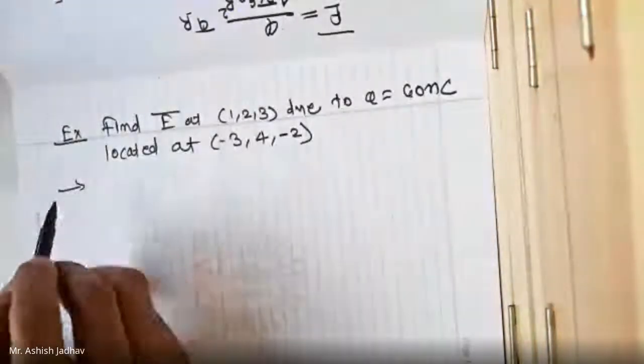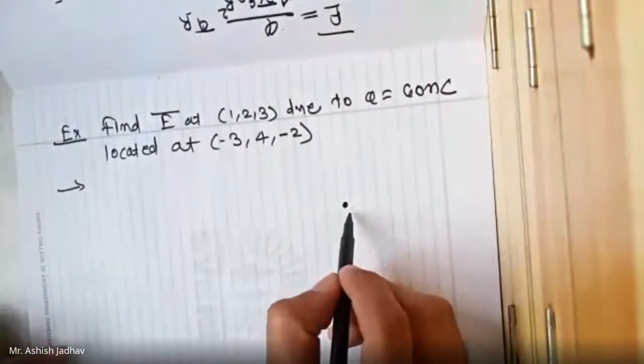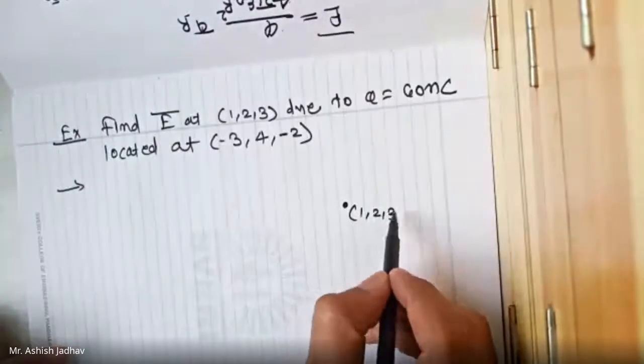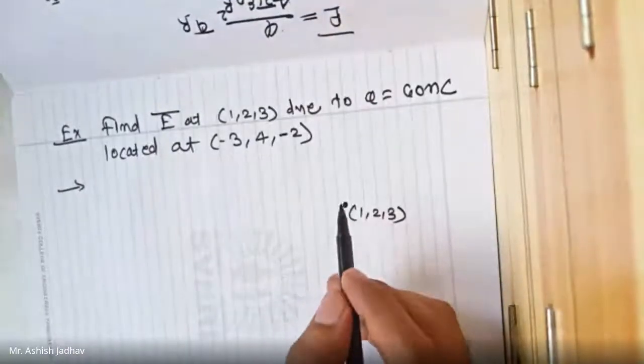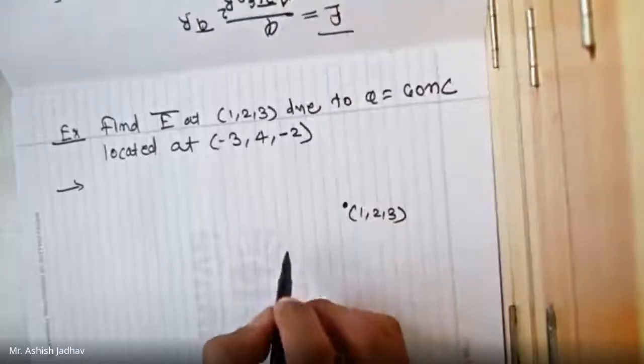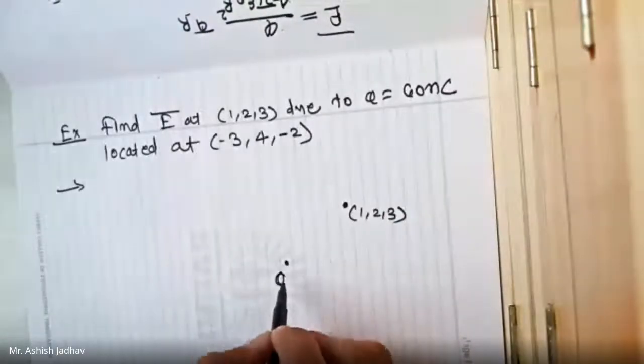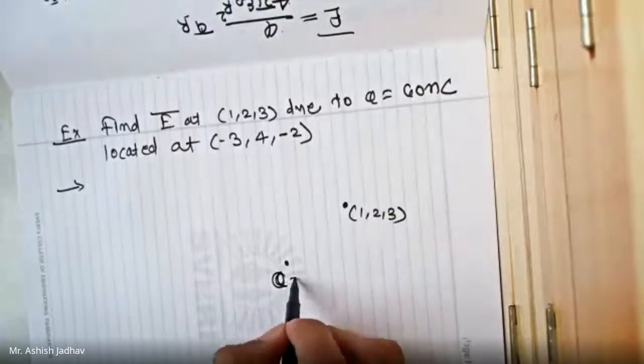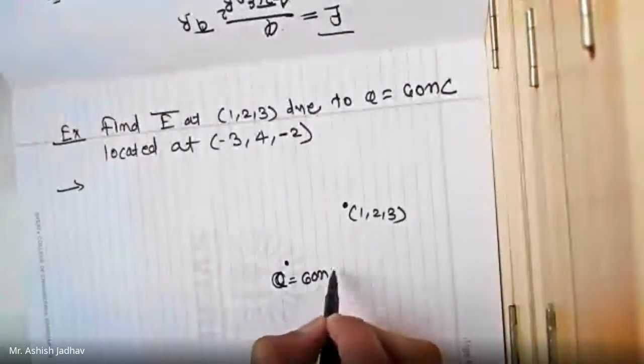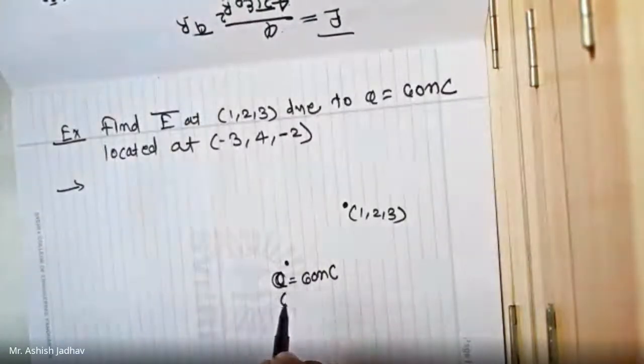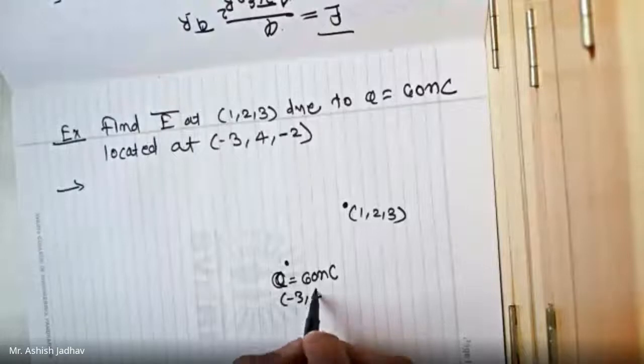So now the problem is we have the point somewhere here, let's say point 1, 2, 3, and we want the electric field intensity at this point because of this charge Q, which is 60 nanocoulomb, located at minus 3, 4, and minus 2.